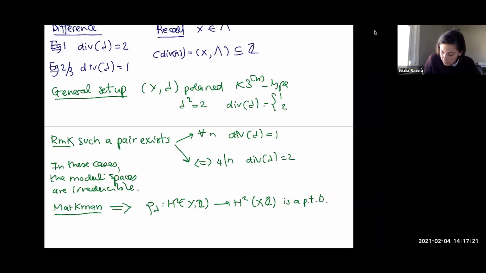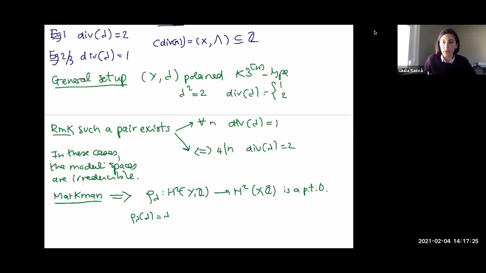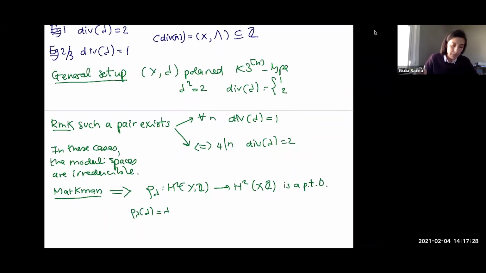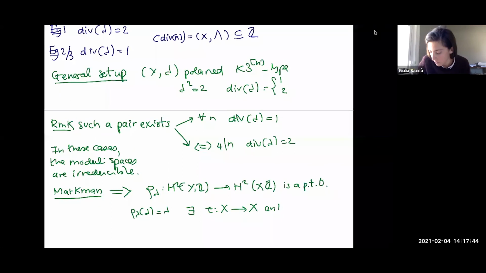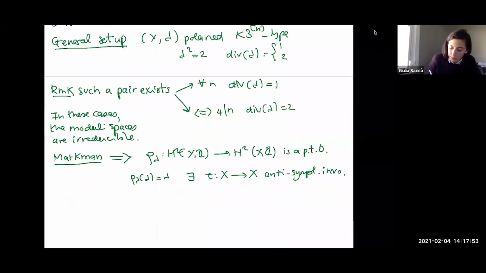And so, because it preserves the class lambda, which I'm assuming is ample because I'm in a polarized case, there exists an automorphism of X corresponding to that action on cohomology. And because it acts as -1 on the complement of lambda, it has to be an anti-symplectic involution. Okay, so let me then give you the theorem.